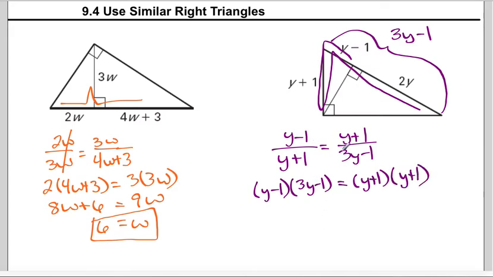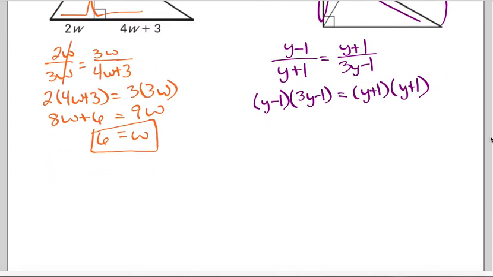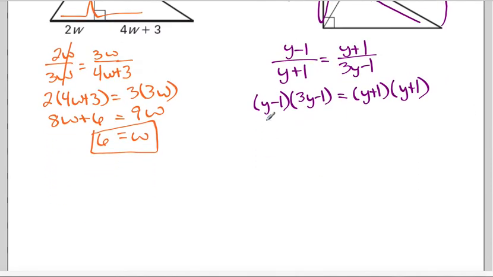So setting up that times that, that times that. Now we need to multiply them together and solve. So first times first, 3y squared, inside, negative 3y, outside, minus 1y, last times last, plus 1.